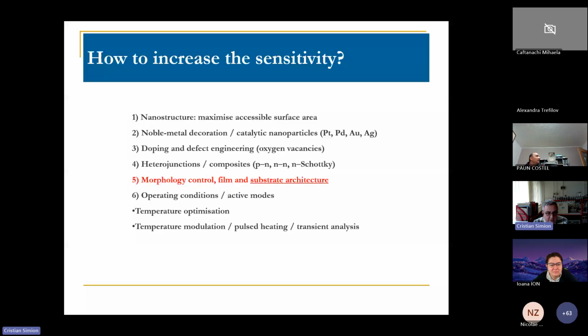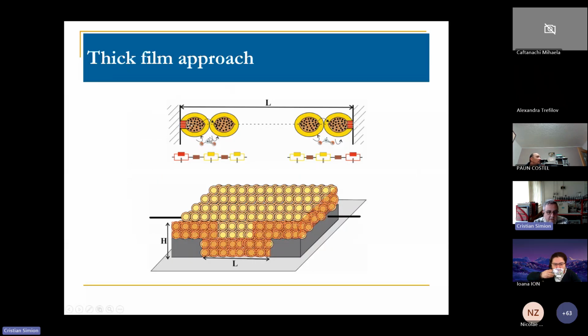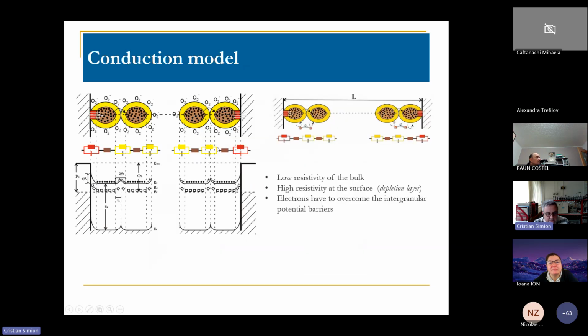And what you can see here is a representation of the grain-to-grain crystallite boundaries in terms of RC and R series equivalent circuits. Why is it so important?